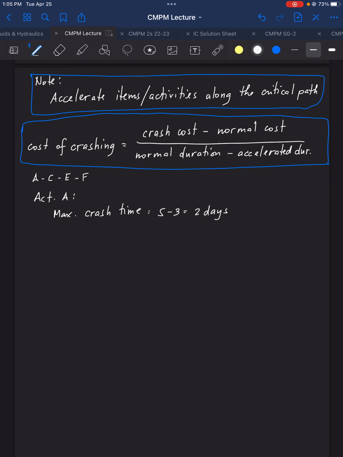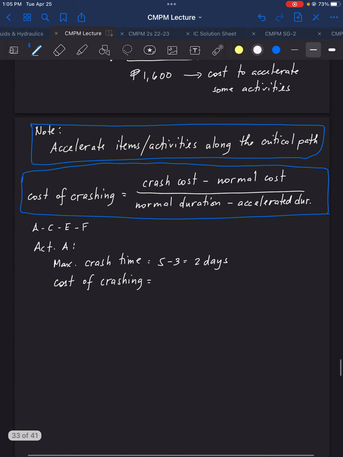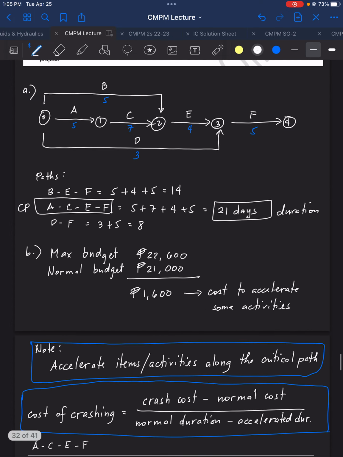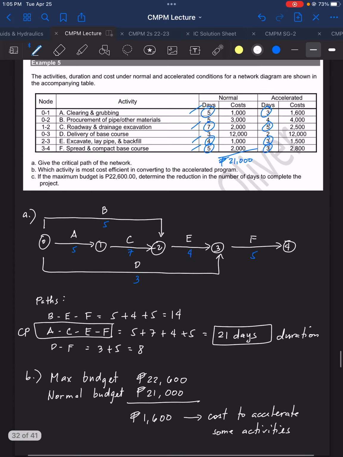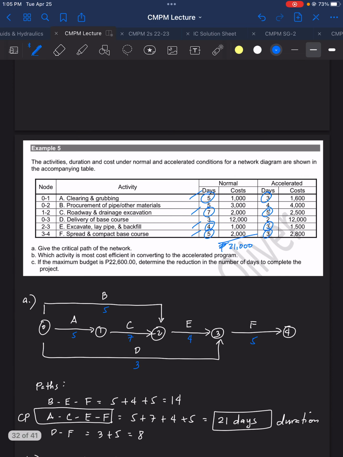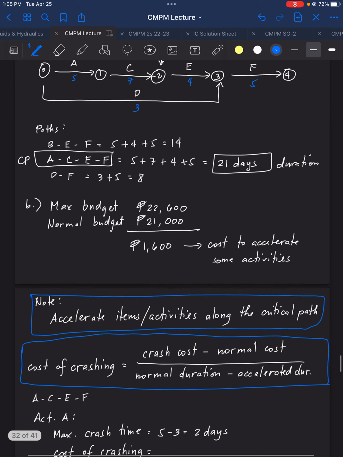So we put here maximum crash time for A is 5 minus 3, 2 days. Now cost of crashing. The formula is crash cost minus normal cost, divided by the maximum crash time, that is 5 minus 3.